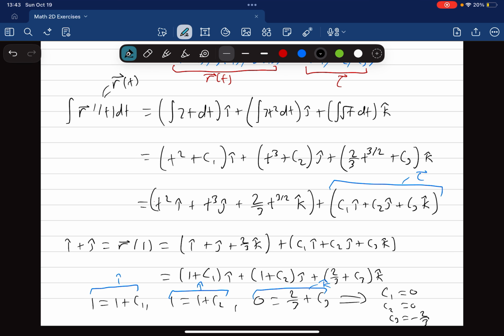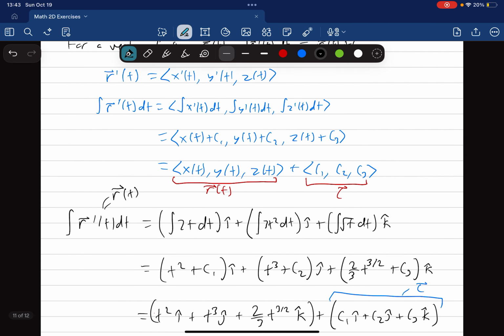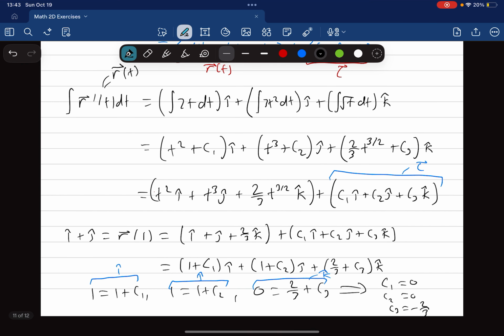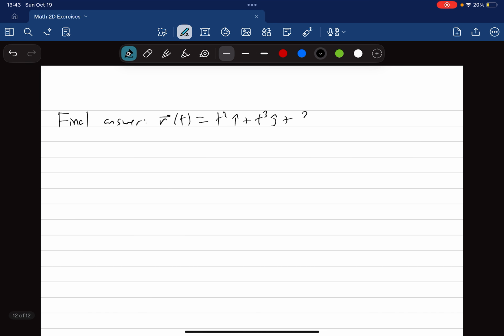And so, jumping over to another page, our final answer would be that our function is t squared i hat plus t cubed j hat plus 2/3 t to the 3/2 k hat, and then plus the values for c1, c2, and c3 that we got.